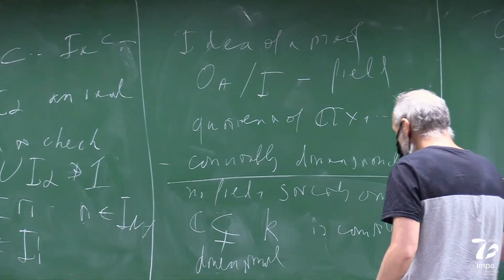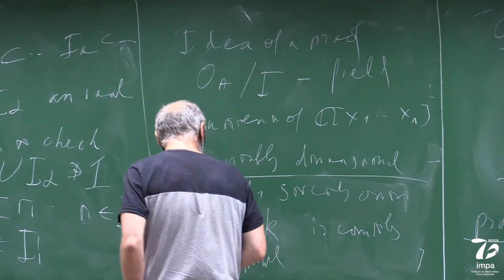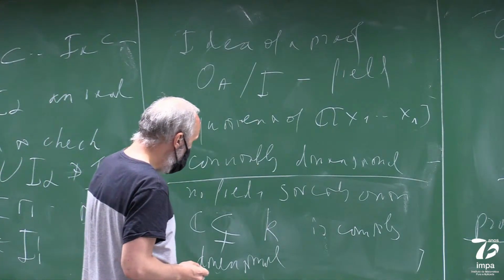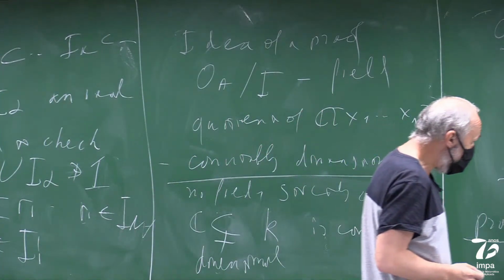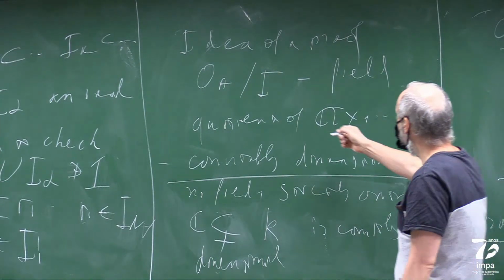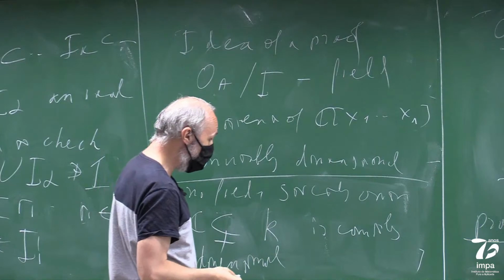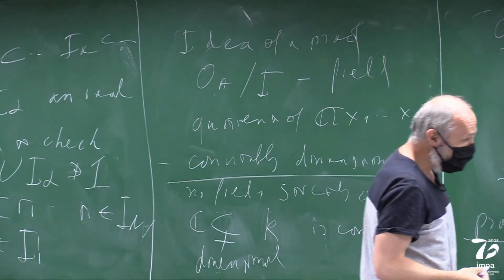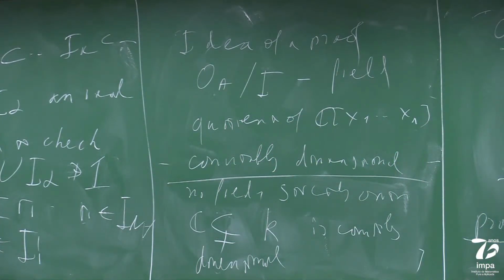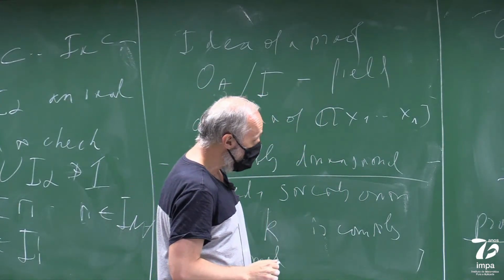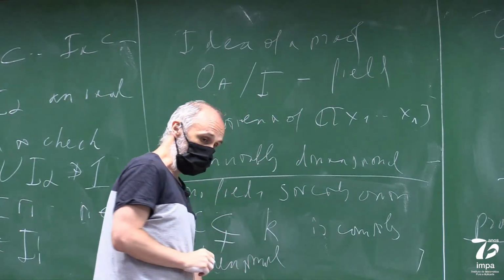And this implies that this field, the quotient field by maximal ideal, is just C. And if it is C, you produce a point very easily. It's essentially a tautology, how to prove that if the quotient is C, then the ideal is the ideal of a point. You will see it.